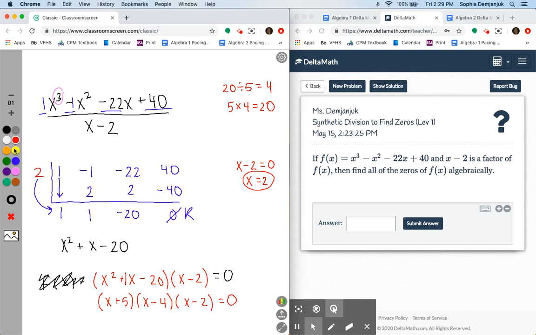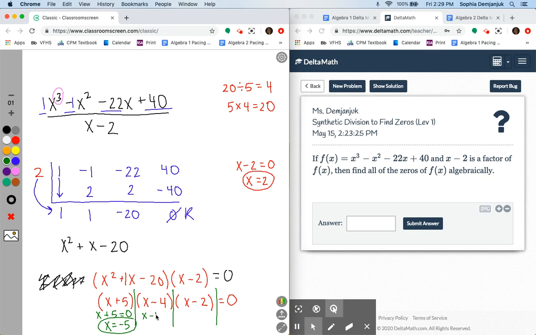Now we have our 3 different parentheses that are set equal to 0. So we can easily set each piece equal to 0. If I have x plus 5 equals 0, if I were to subtract 5 from both sides, I get x equals -5.